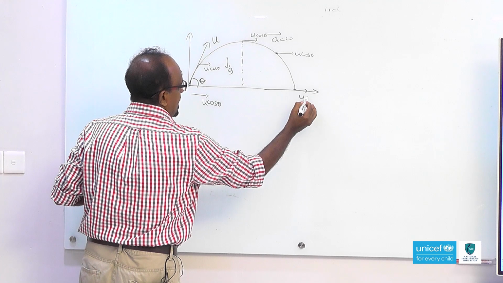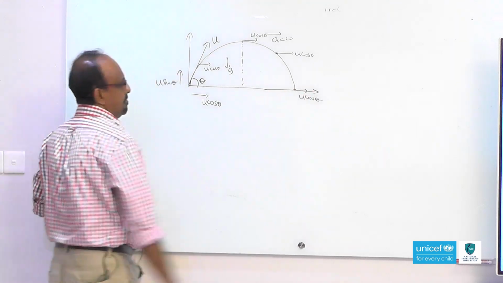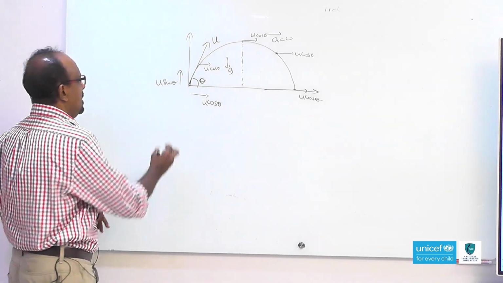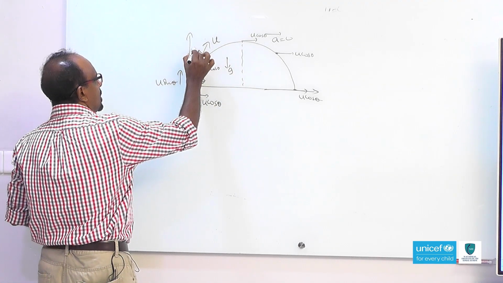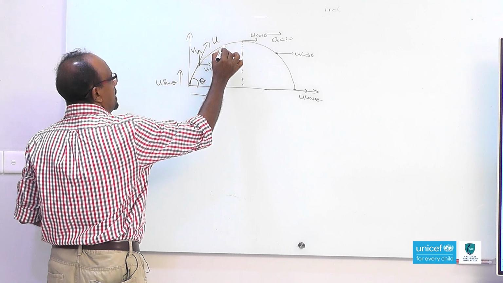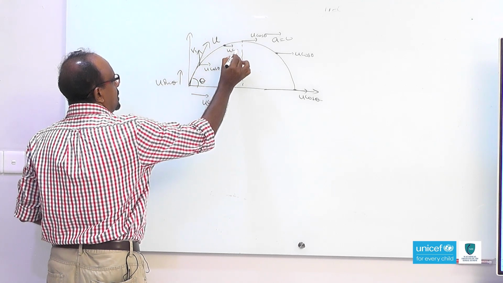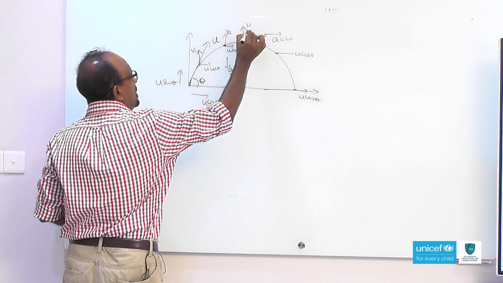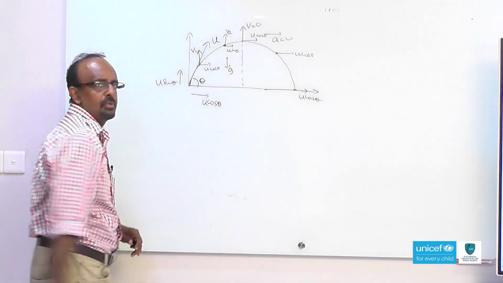It will remain as u cos theta until it falls to the ground. The vertical component, what will happen? It gradually decreases. At the maximum height, the vertical component will be 0.